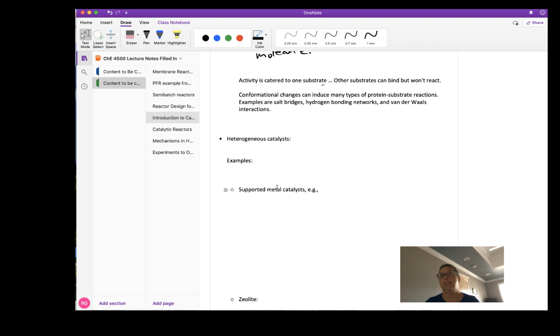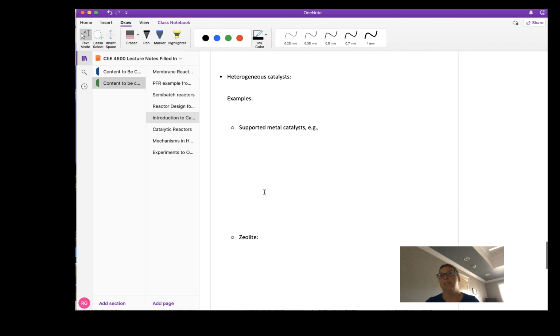Okay, so that's examples of homogeneous catalysts. Now I want to talk about heterogeneous catalysts. So a heterogeneous catalyst is in a different phase than the reaction environment. So often the catalyst is a solid, like not a dissolved solid, but a solid.